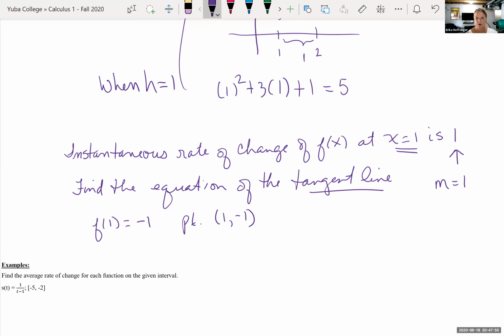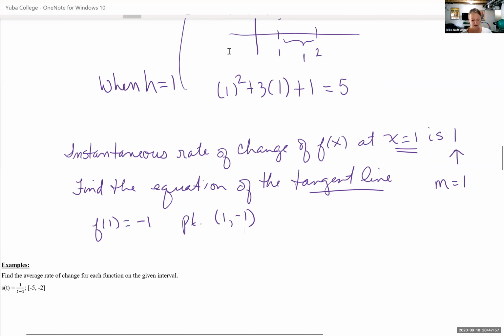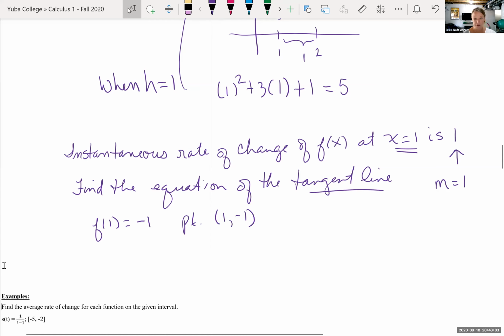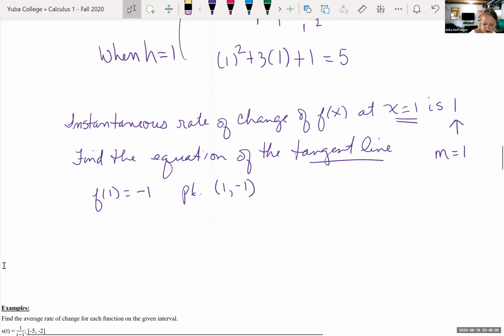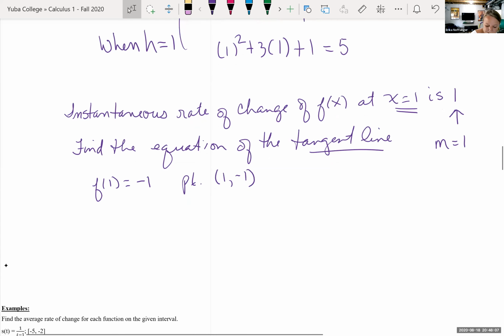Again, to find the equation of a line, you need a point and a slope. And then we have it. You can find out what b is or use your point slope formula, whatever you feel best doing. I tend to like y equals mx plus b. If I plug in y, I have negative 1 equals my slope, this time 1, times my x value, which is 1, plus b.